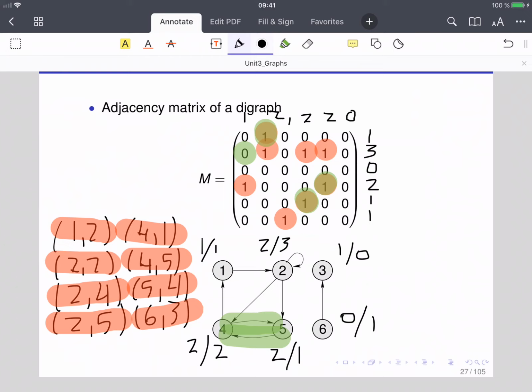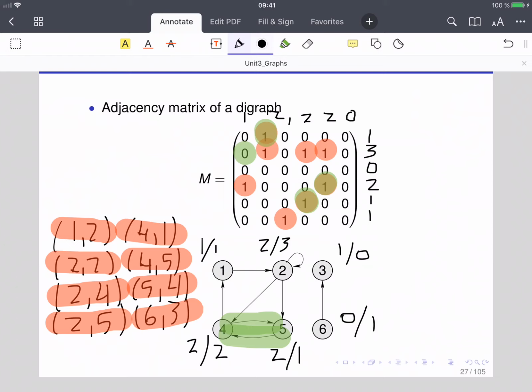So again, we have the in degree and the out degree. We have the degrees as information that we can quickly obtain from the representation in adjacency matrix. Okay.